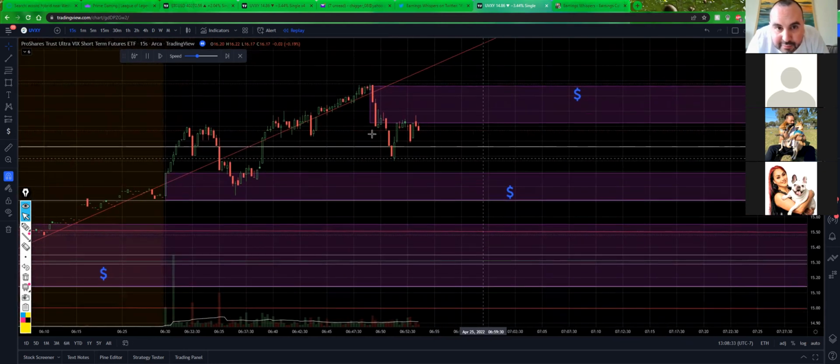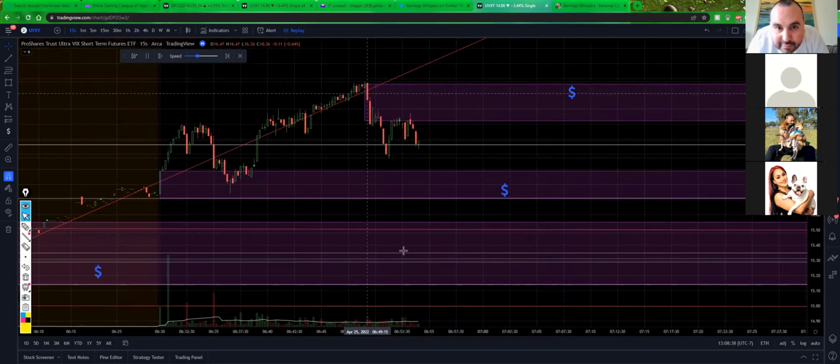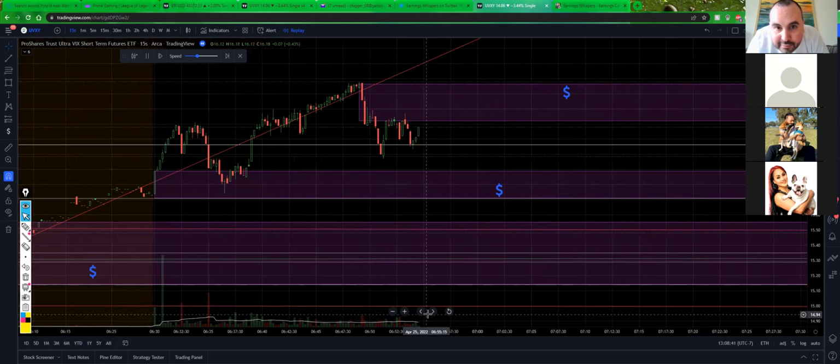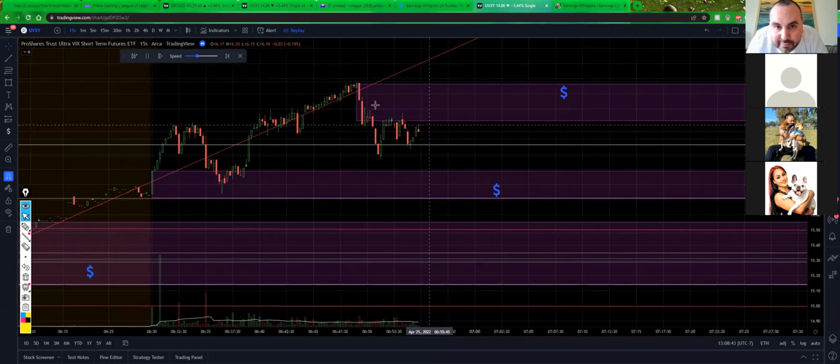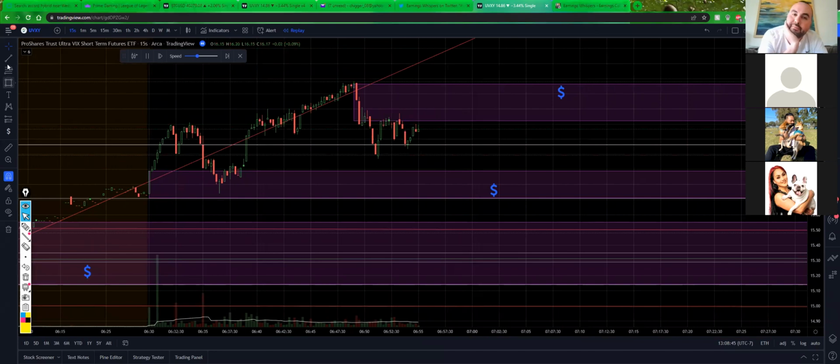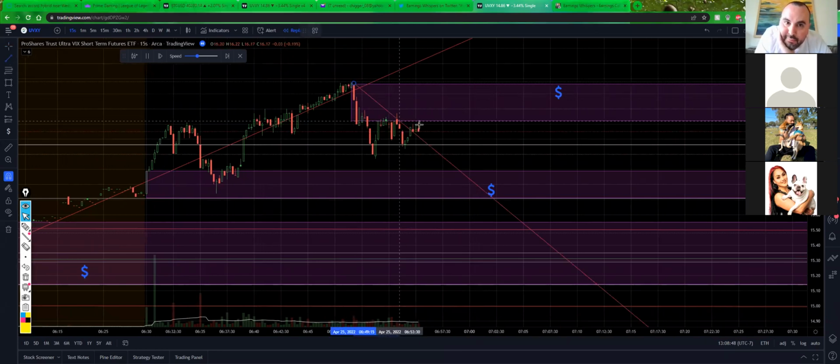And as these red candles popped up, there's a lot more red volume than there is green volume here. It is still in a slight downtrend at the moment.